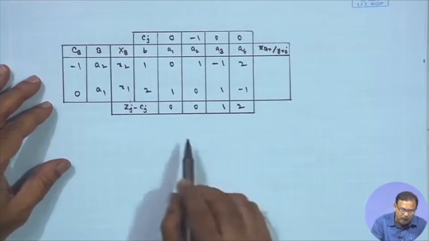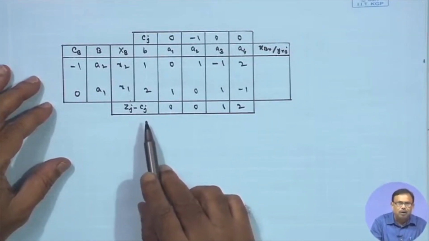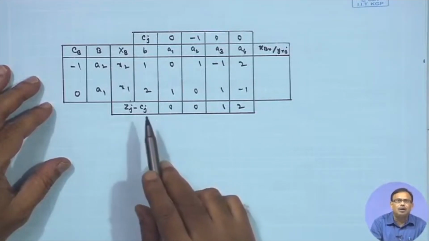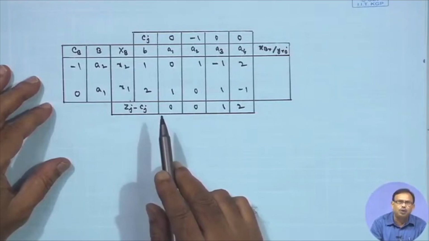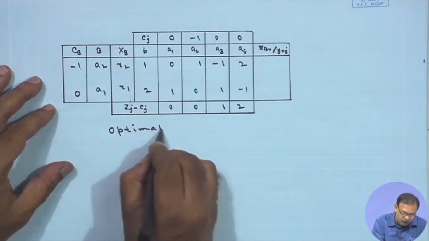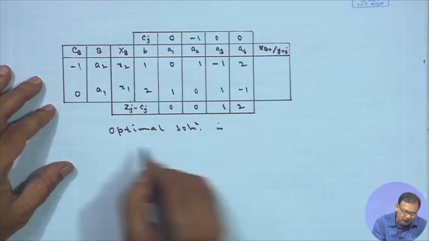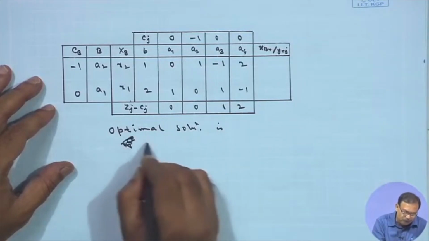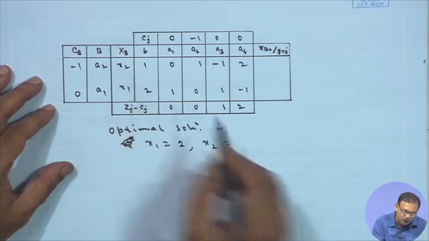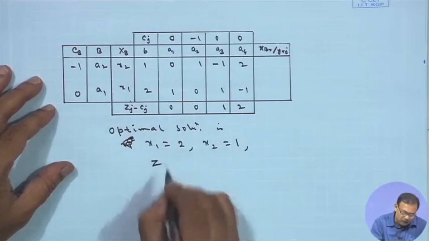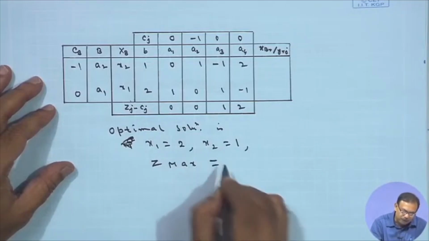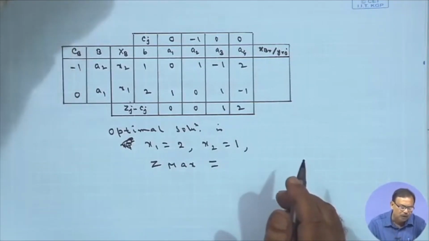As we have already said, the optimality condition zj minus cj greater than or equal to 0 is satisfied. The feasibility condition, xB, that is x1 and x2, greater than or equal to 0, is satisfied. Therefore, your optimal solution is x1 equals 2, x2 equals 1, and the z max value will be equal to, what was the original problem?